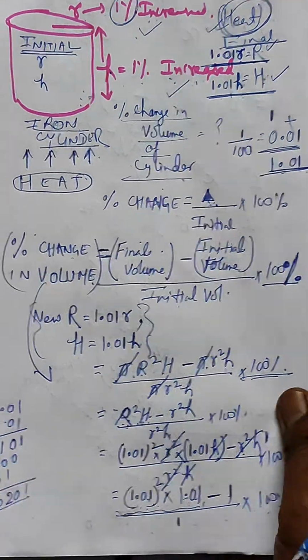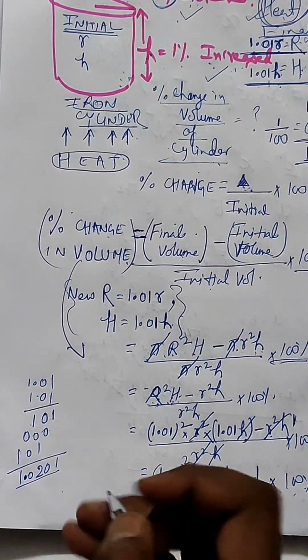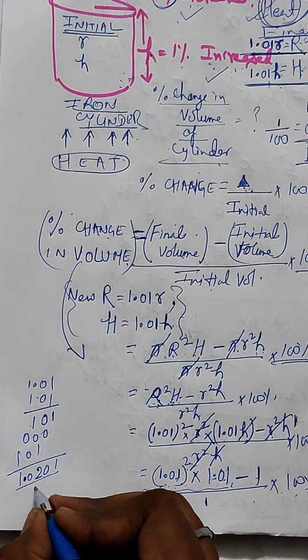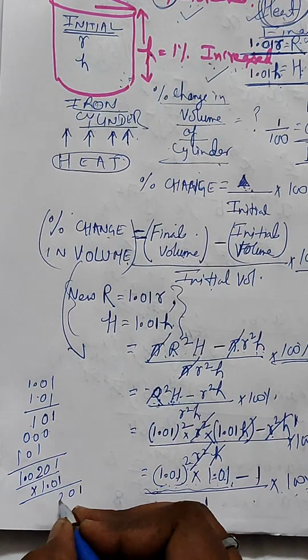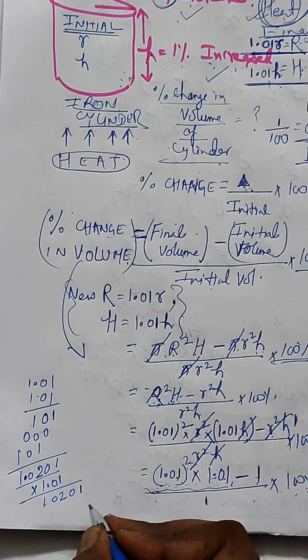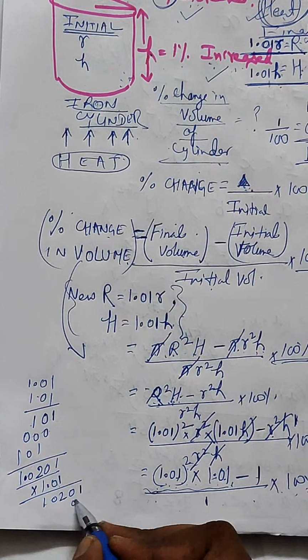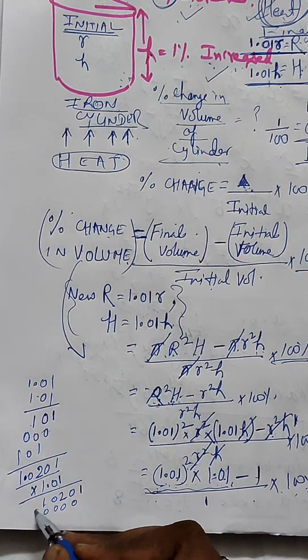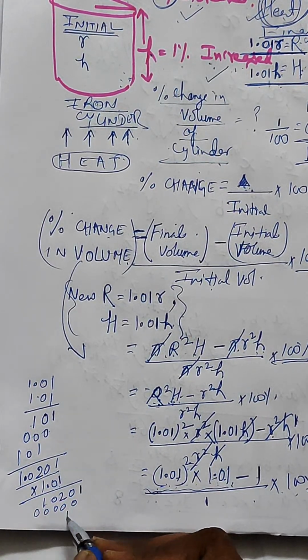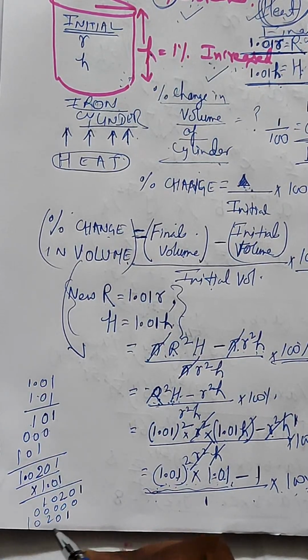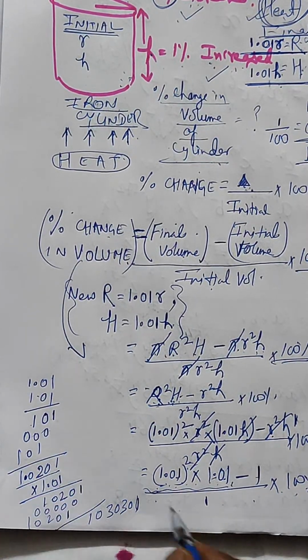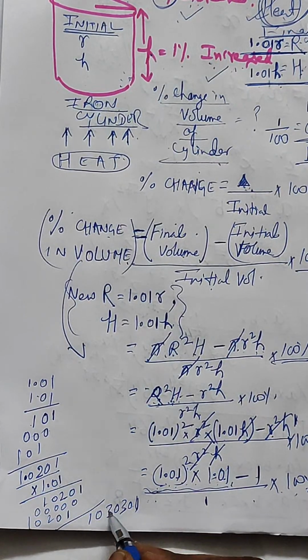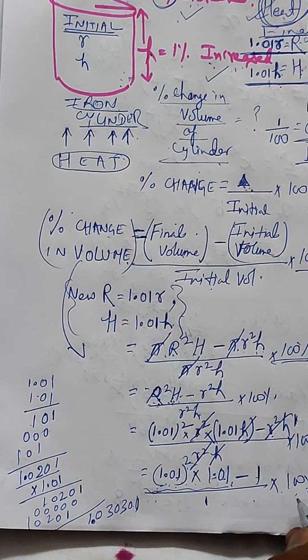So when we calculate 1.0201 into 1.01, we get 1030301, with the decimal after 6 places, so 1.03, into 100.